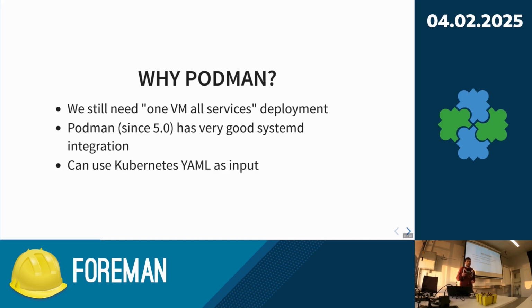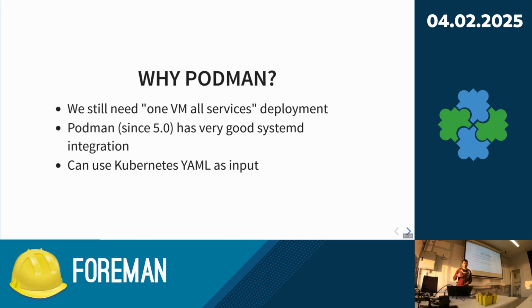But at the same time, it also can consume Kubernetes YAML definitions. So if you have those, we can run them on one Podman machine, everything on one, or we can go and tell Kubernetes, oh, please deploy me my Foreman. And in theory, we are not there yet, but in theory, we would have one set of assets produced, and you can go and deploy stuff.